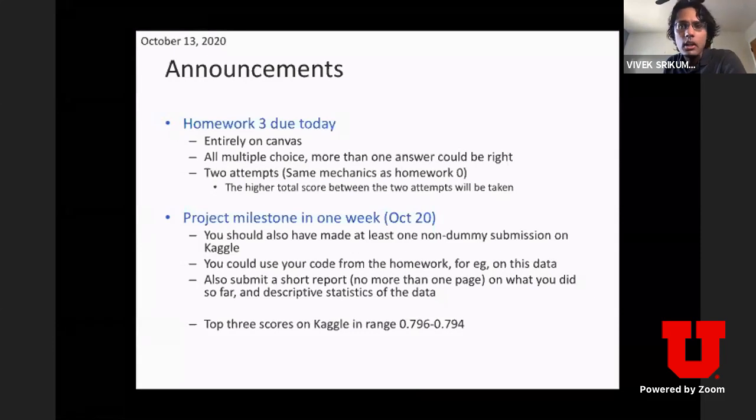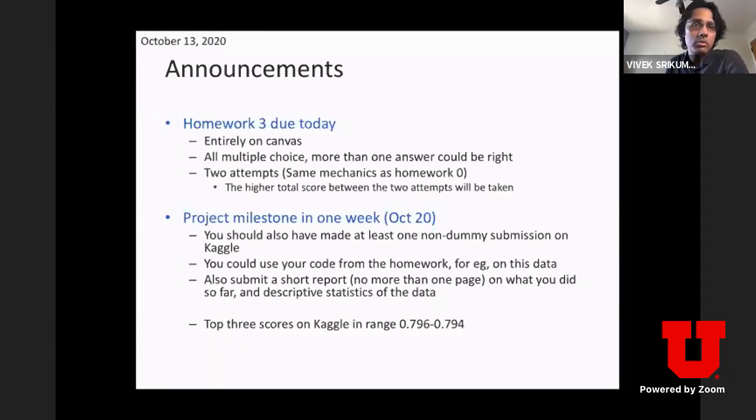As an example, what's the most common label? What happens if you predict the most common label all the time? Another thing would be, what's the dimensionality? Any sort of descriptive details.